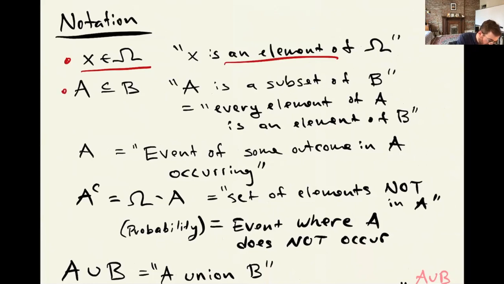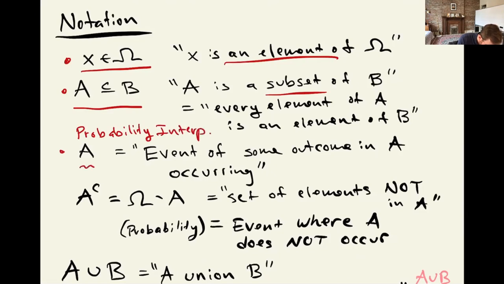Then we also have a subset B, which corresponds to this subset notation. Now, in probability, this is the probability interpretation: we want to think of a subset as corresponding to an event.